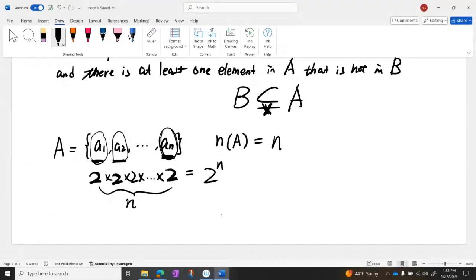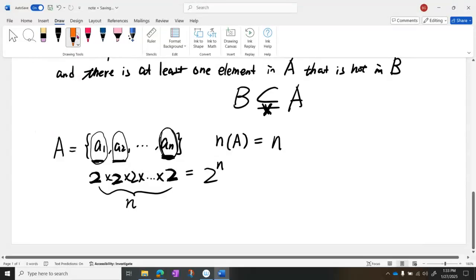Okay, when n equals 3 it is 2 to the power of 3. When n equals 4 it is 2 to the power of 4. When n equals 5, when the set has 5 elements, it is 2 to the power of 5. This is the theorem. I'm going to write a theorem here, right? A is a set.